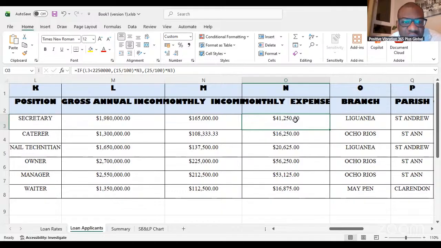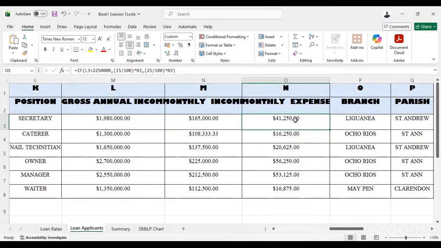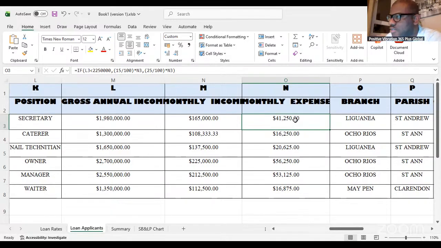So what is 15% of 165,000? Sir, I have 24,750 for that. Yes, sir. So let's check what our formula is reading. 15 over 100 times 165,000, you should get 24,750.